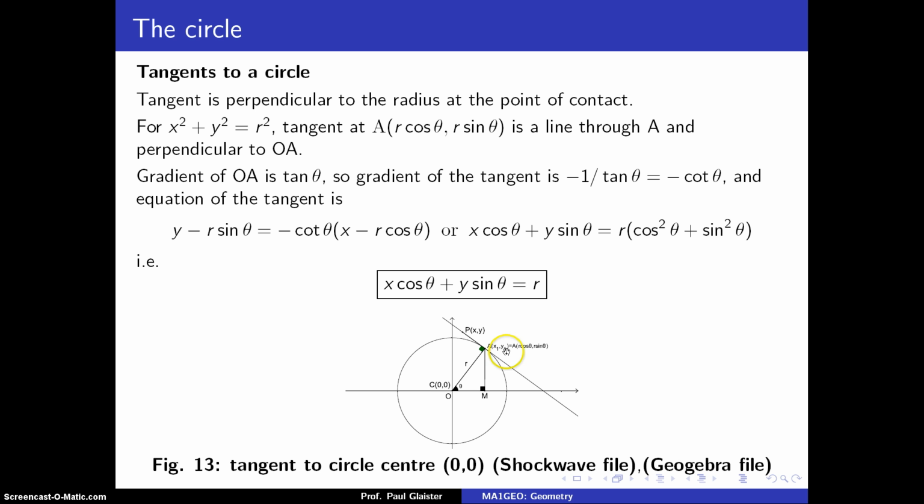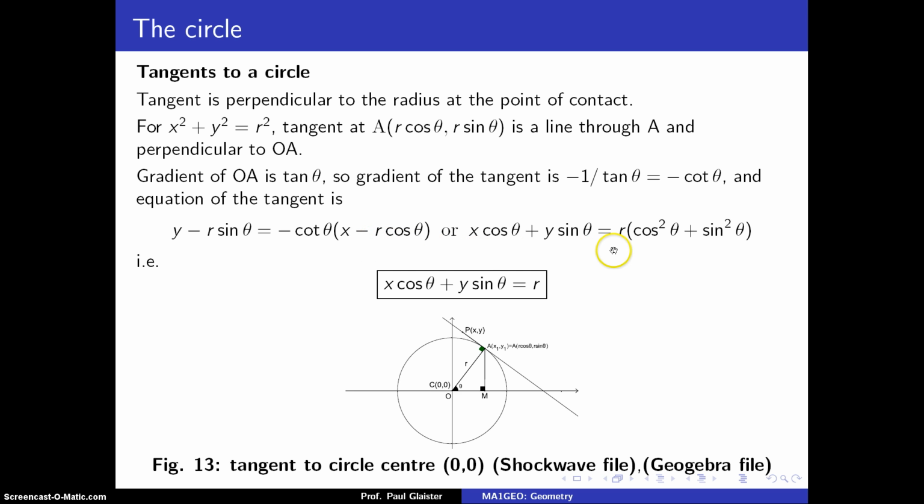So just by way of a brief recap, we noticed that the straight line O to A had a gradient which was tan theta, and so the gradient of the normal is minus 1 over that. If we then write down the equation of the straight line in terms of x, y being a general point P on the tangent at the point A, then very simply y minus r sin theta is the y difference, will be the gradient of that straight line, which is minus cot theta times the x difference.